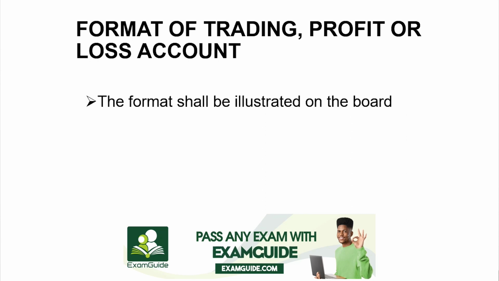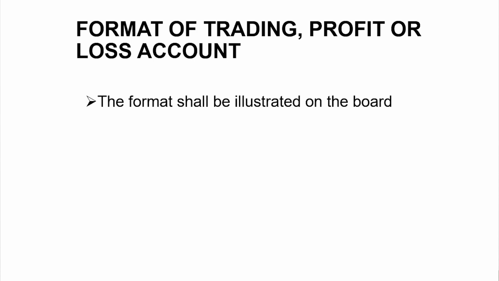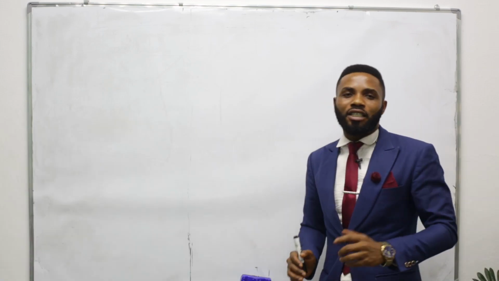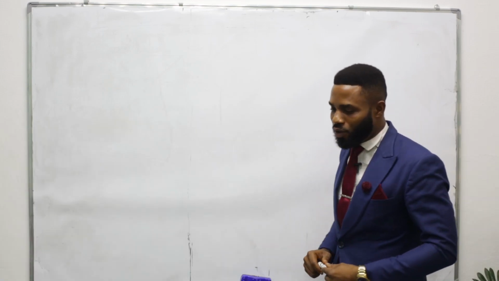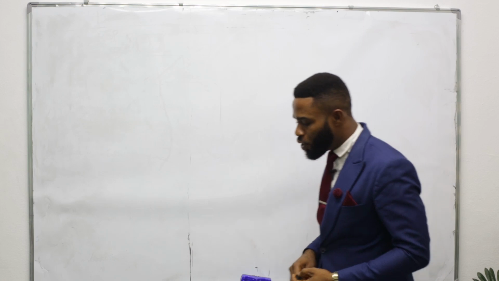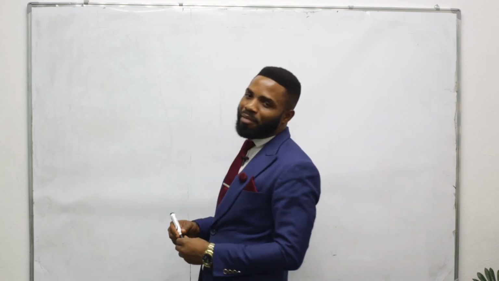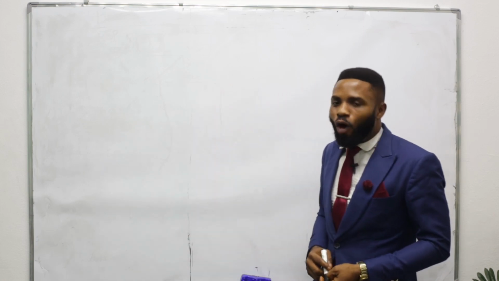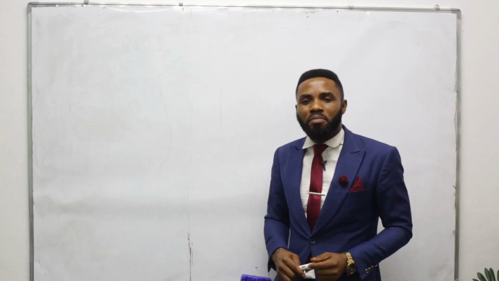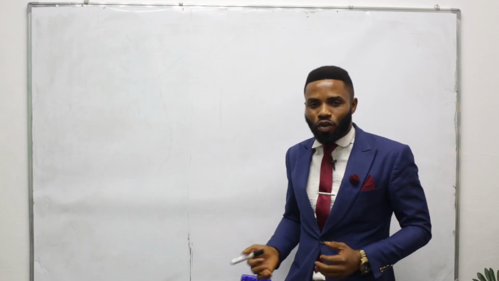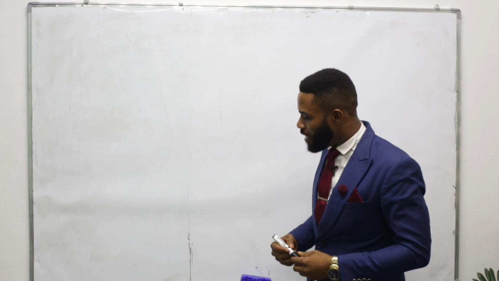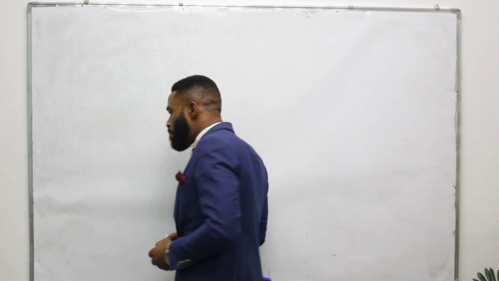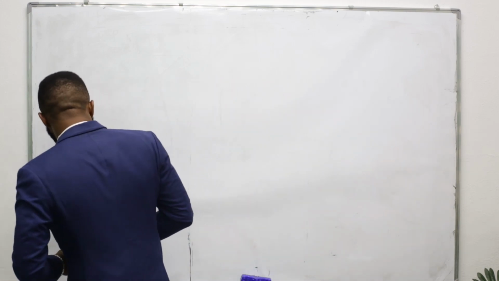But what I want to tell you is that we have two ways this particular account can be prepared. The first one is called the T method, and the second one is called the vertical method. But please permit me to use the T method at this point, because I've been talking about division, so you will be able to appreciate the beauty of what we are doing.